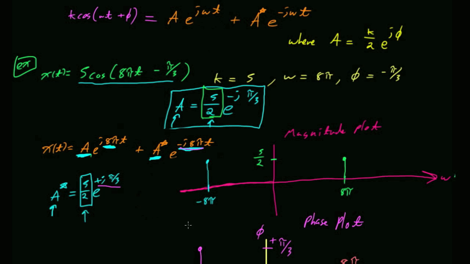This negative 8 pi came from that negative 8 pi. Then you have to answer the question, how much negative 8 pi do you have? Well, this answers that question. You've got that magnitude, 5 halves, and this phase, pi over 3.